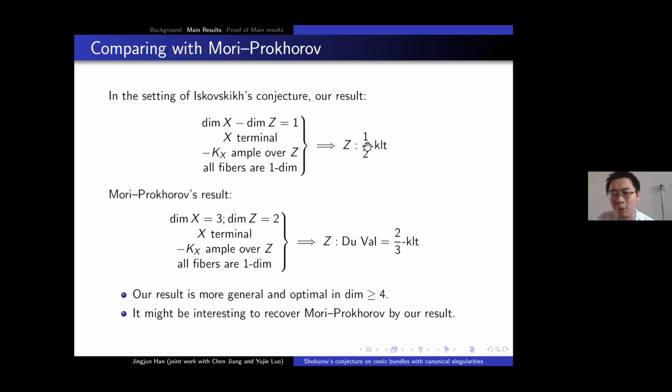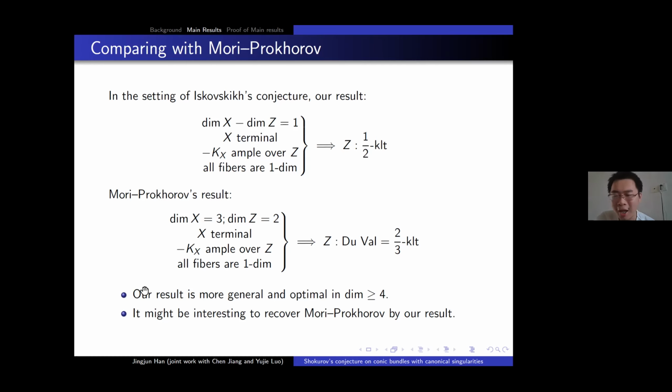This is because although 1/2 is an accumulating point, by the ACC property there may be infinitely many values which are larger than 1/2, but if we can show that the singularity is better than 1/2 plus epsilon, then there are only finitely many values in this open interval.